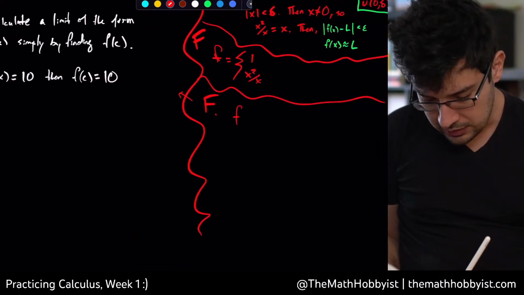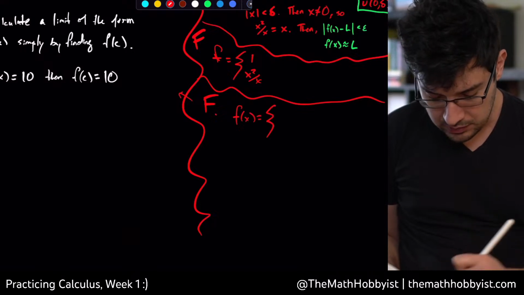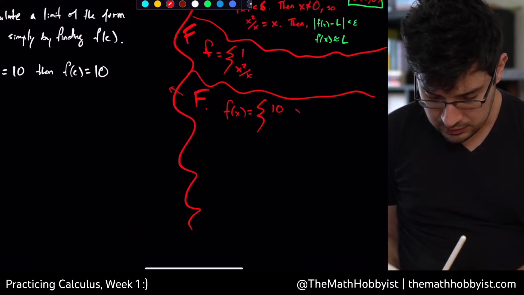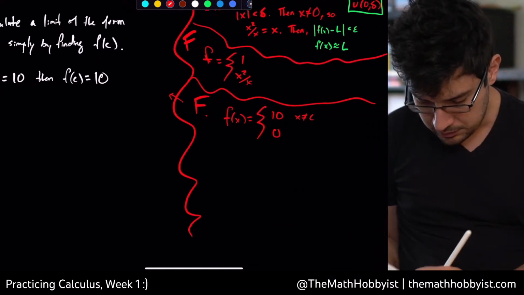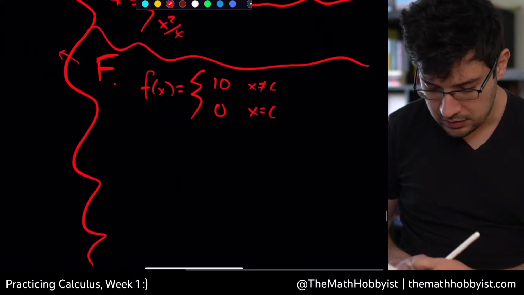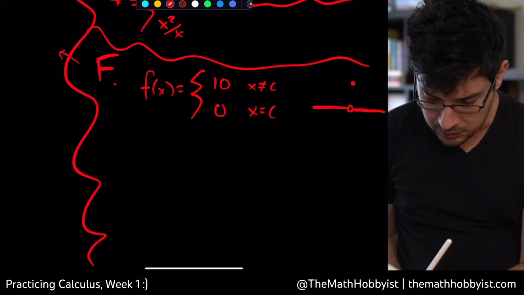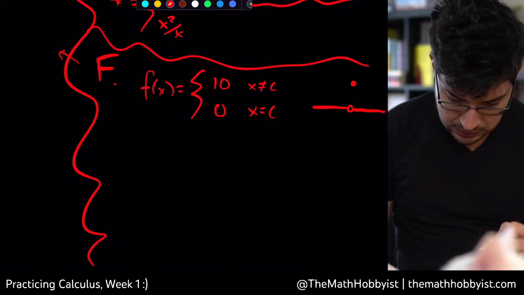Let's define f of x as 10 at x not equal to c, and 0 at x equals c. So again, we have this function that's a simple line with a single point that's different.